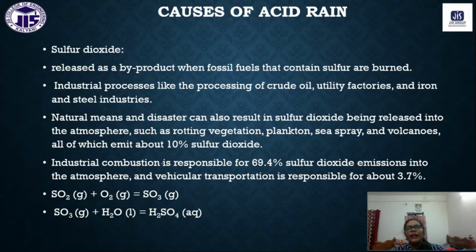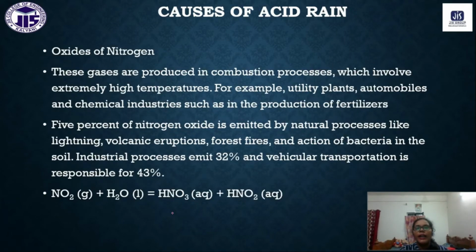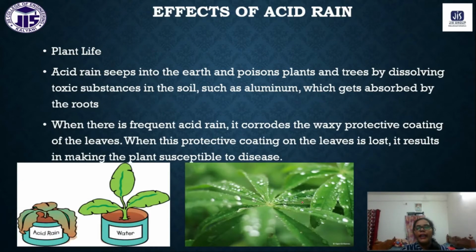You can see this is the reaction of how sulfuric acid is forming in the presence of sulfur dioxide and water molecule. Here you can also see that with the help of the oxides of nitrogen, nitrous acid and nitric acid will also form in our environment, which is harmful. So what are the effects of acid rain?